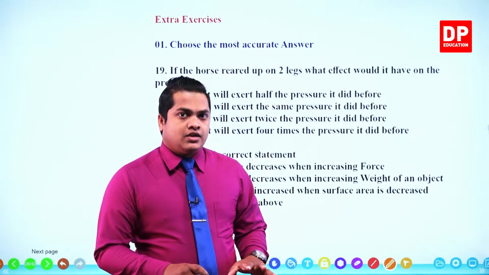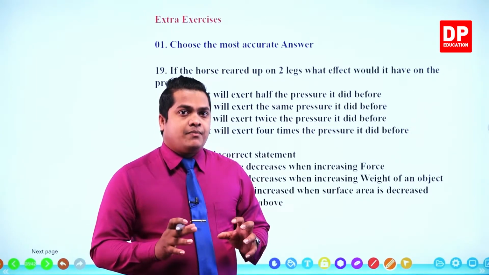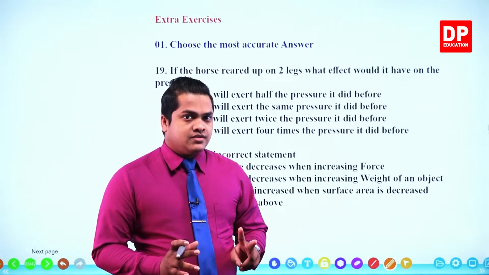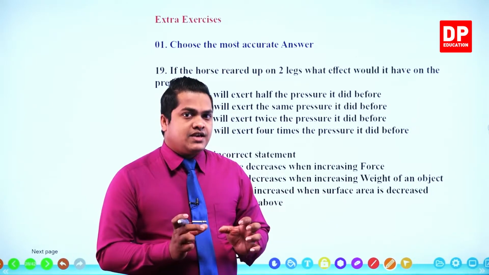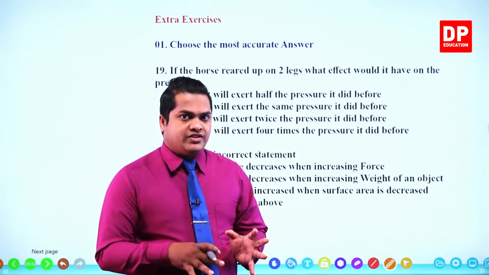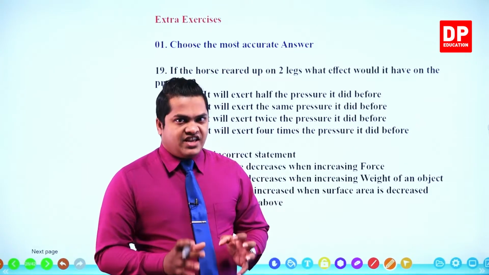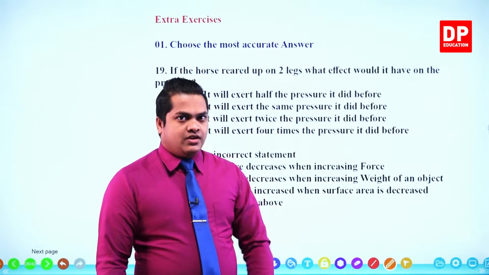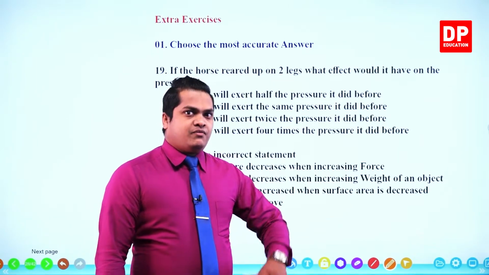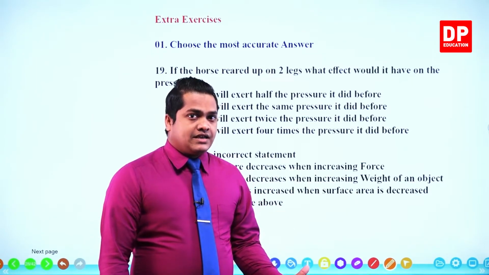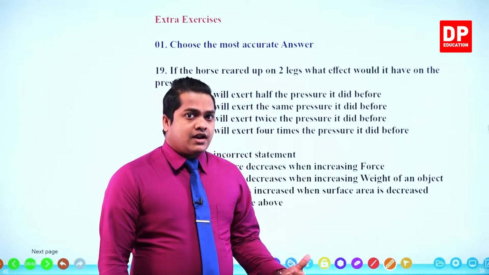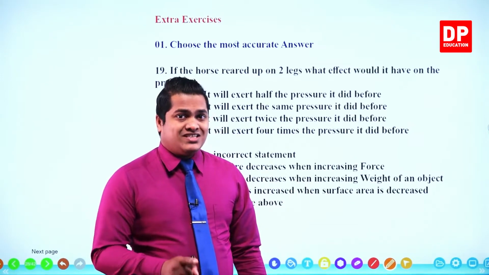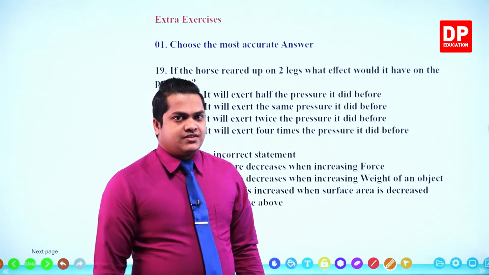However, if it is running by using 2 legs, then the contact surface area is reduced by 2 times. If it is getting reduced, then what would happen? Pressure is getting increased by how many? By 2 times. If the contact surface area is reduced by 2 times, pressure is getting increased by 2 times.